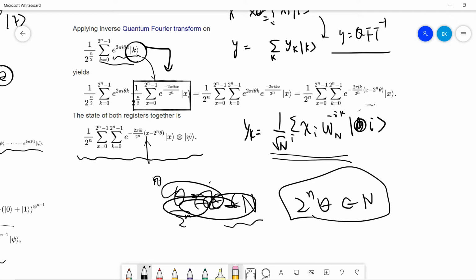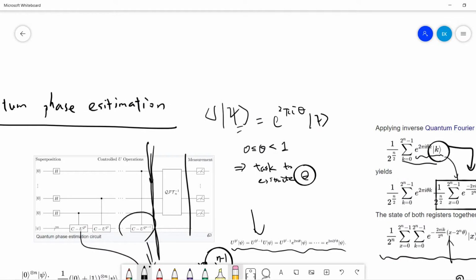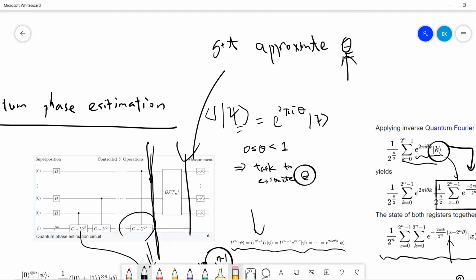If 2 to the n times theta is a good approximate integer, then x is already an integer, right? So once you measure it, you can get an approximation. You can approximate theta, and what you get is that if you times 2 to the n by theta, you will get the integer part.